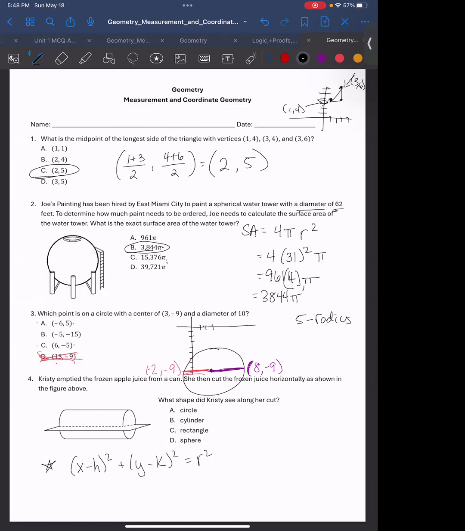This might look familiar if you were doing your IXLs. So h and k represent the center. So in this problem, what is my center?